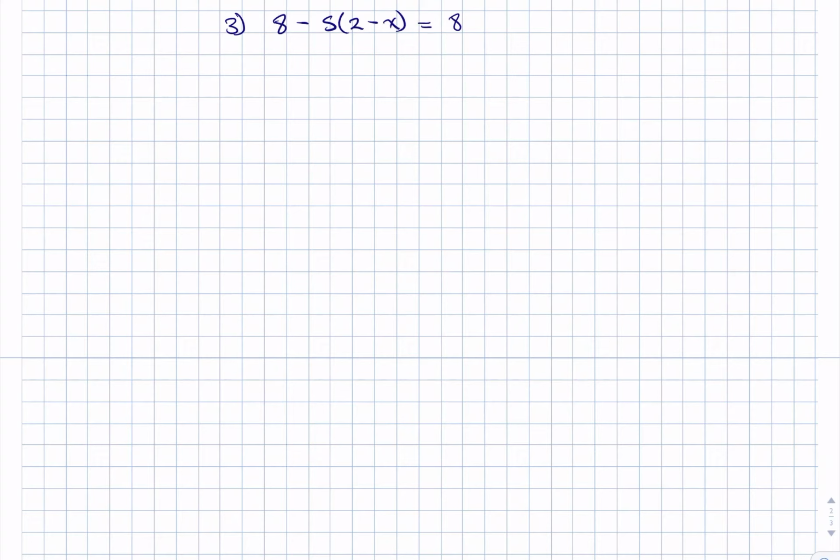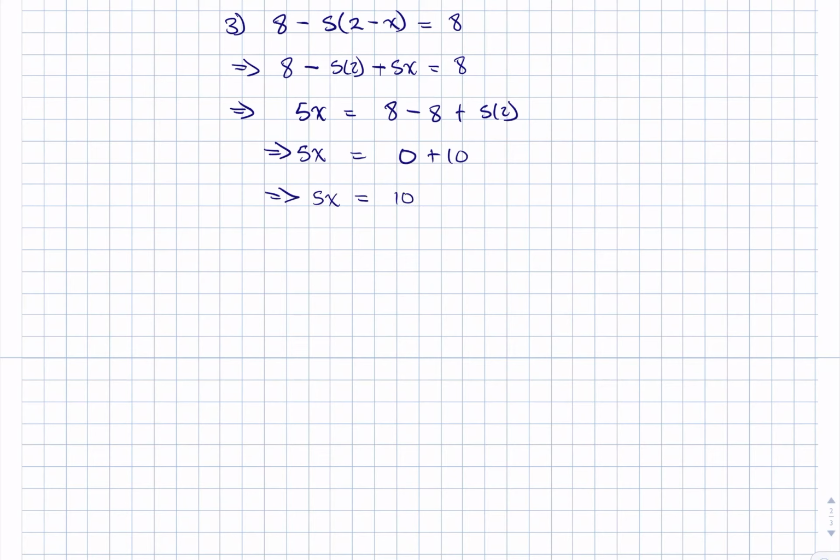If we look at this, we realize that we can bring 8 over to the right-hand side, and we can bring negative 5 times 2 over to the right-hand side, giving us 5x equals 8 minus 8 plus 5 times 2, which is equivalent to 5x equals 0 plus 10, which means 5x is equal to 10, which means x is equal to 10 divided by 5, giving us x equals 2.